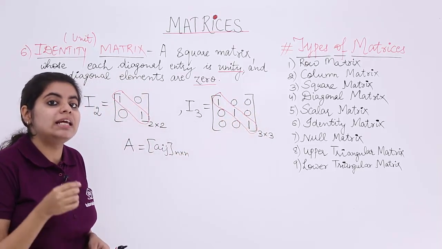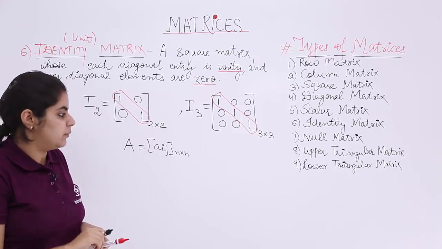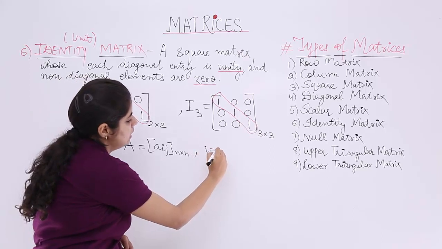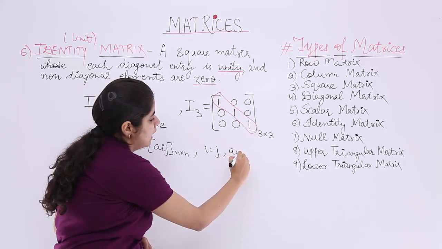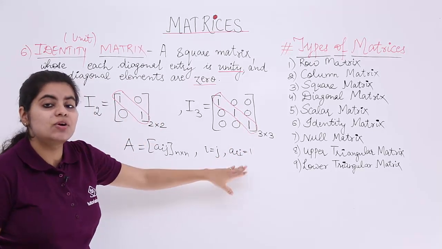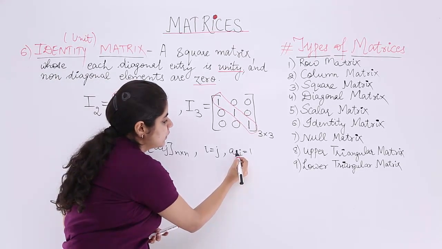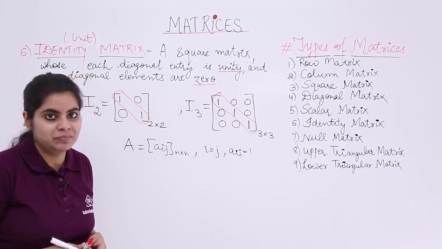That means whenever in Aij, i is equal to j, my value is 1. So whenever I have i equal to j, the value of Aii is equal to 1. Why Aii? Because it is a square matrix and we are talking about the element in the diagonal.